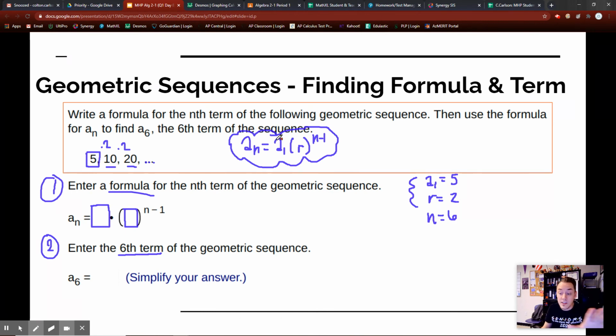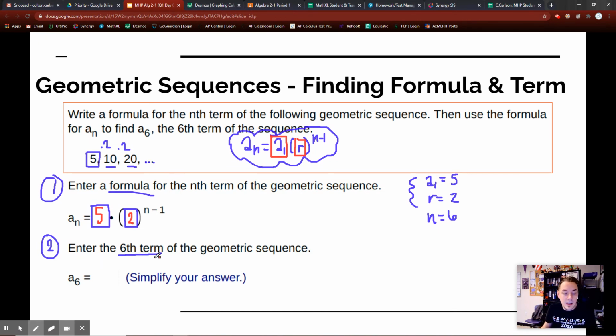The things that are kind of in the box here, and it's the a sub 1 term and then the r term, which is super simple. You know why? Because technically they kind of already give it to you. You just need to do some deduction. So my first term is 5 and my r is 2. So what is my final answer? This. So literally Math Excel will give you a slight template just like what I did here, and then all you need to do is type in your first term and type in your common ratio.